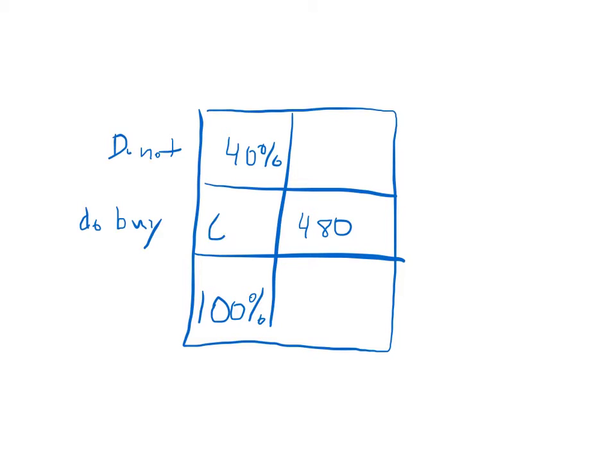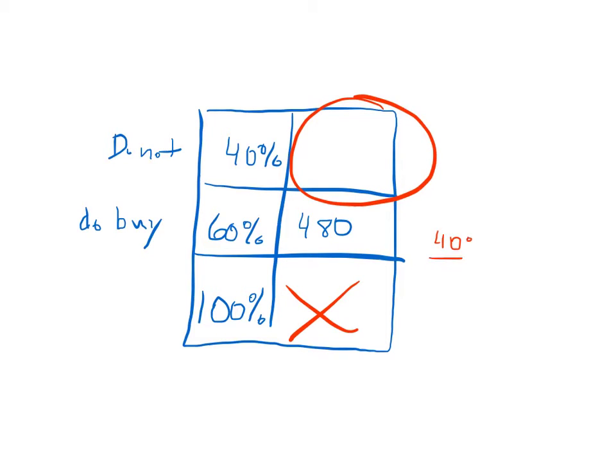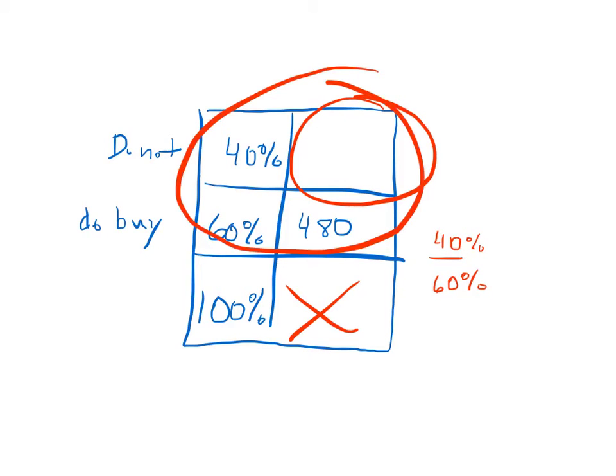Now I know that this is going to be 60 because 40 plus 60 is 100. And the number that we're looking for is how many students do not buy. We're not looking for the total this time, but we're looking for how many do not buy. So I can make my proportions again over here. I've got 40% over 60%, using these 4 numbers, equals a number I don't know over 480. Okay.